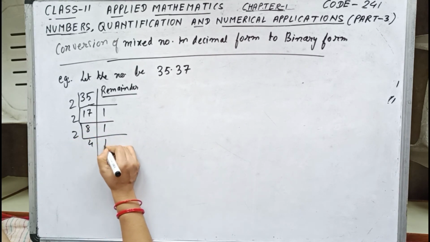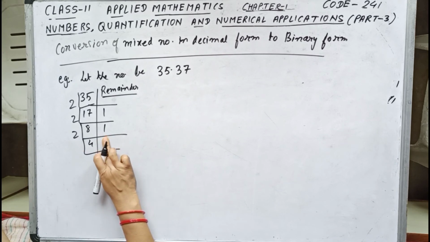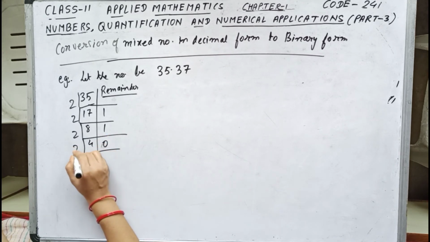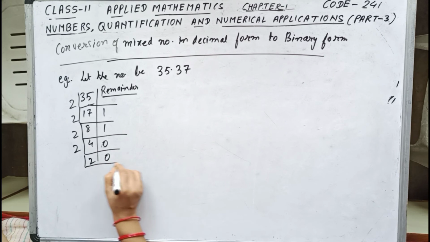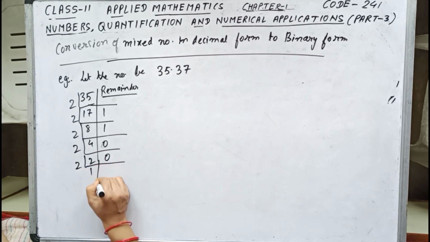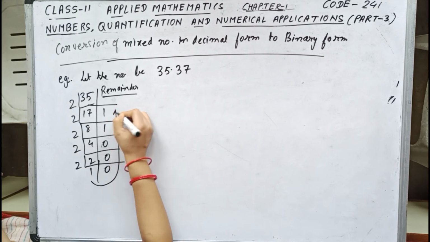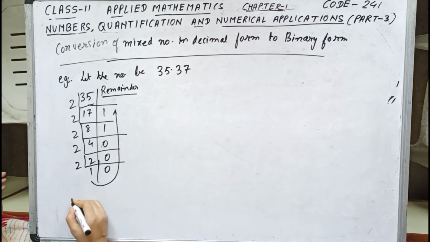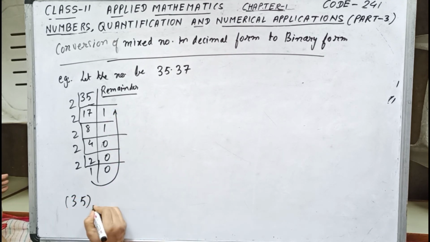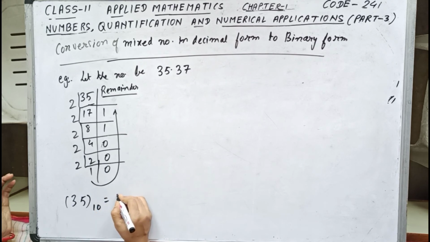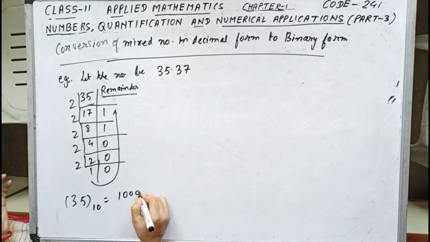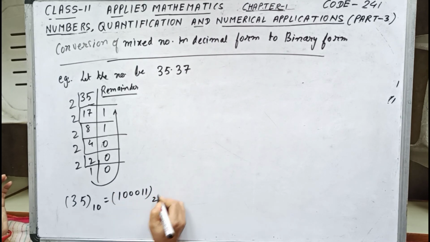Then 2 4s are 8, remainder is 0. Then 2 2s are 4, remainder is 0. Then 2 1s are 2, remainder is 0. Now then bottom to top, so we will be writing over here 35 equals 1 0 0 0 1 1.